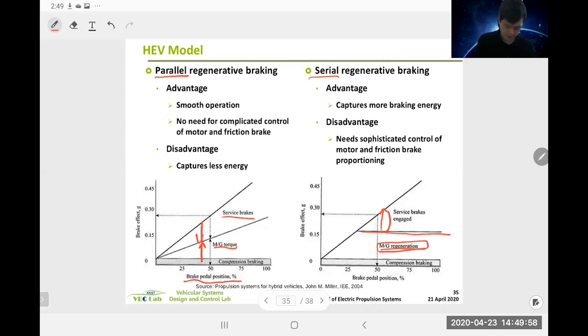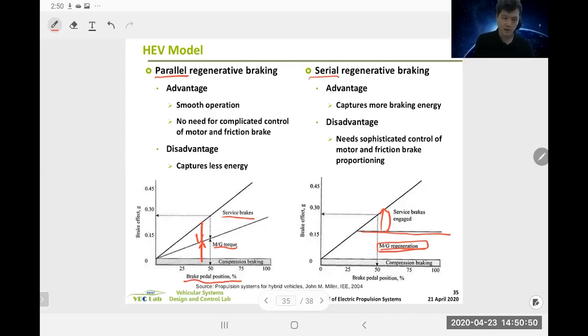Basically, the idea behind the serial approach is that it is better in terms of fuel economy or system efficiency because it tries to recuperate as much as possible, meaning that friction brake doesn't come in if the motor can regen the braking torque, and friction brake only comes in when the motor cannot recuperate energy.